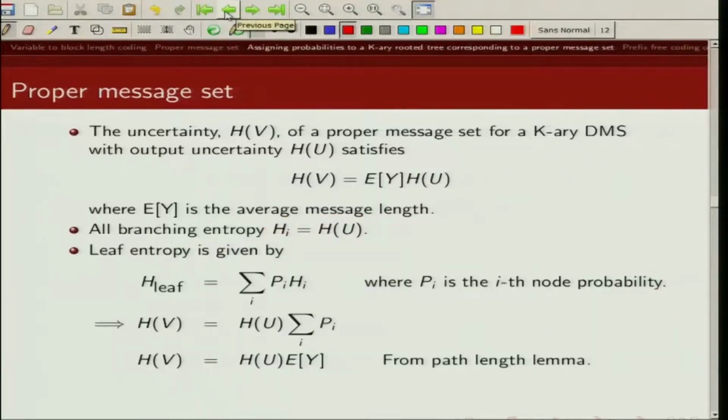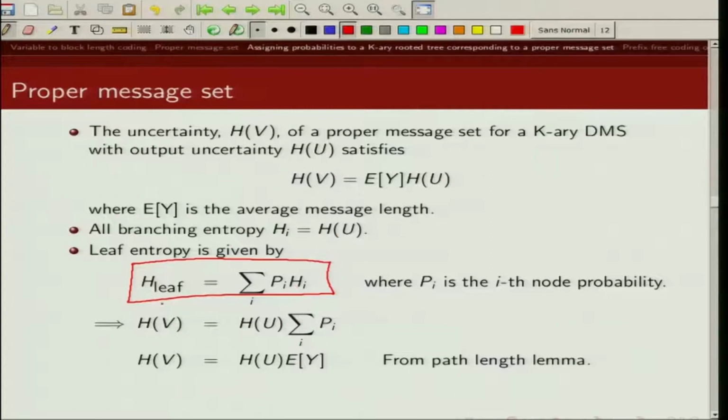Okay. Now we know how the branching entropy is related to the leaf entropy. This lemma we have proved earlier, that leaf entropy is given by the summation of Pi Hi, where Pi is the probability of the ith node.